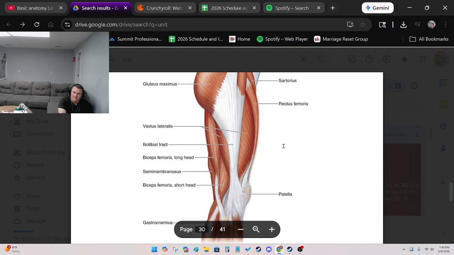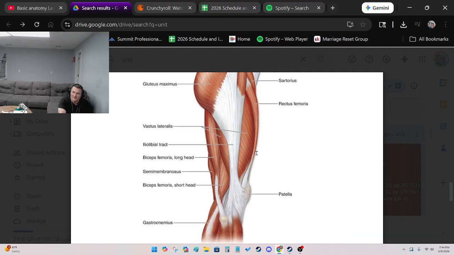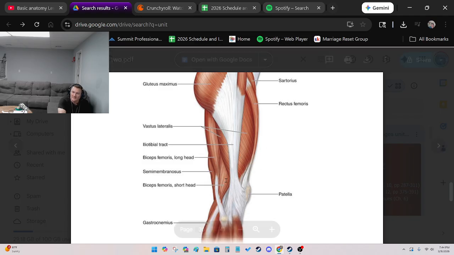So, just so you know, there's the IT band I told you about earlier, and tensor fasciae latae. Okay, there's sartorius. There's rectus femoris coming up, and vastus lateralis on the side, and there's biceps femoris long head.